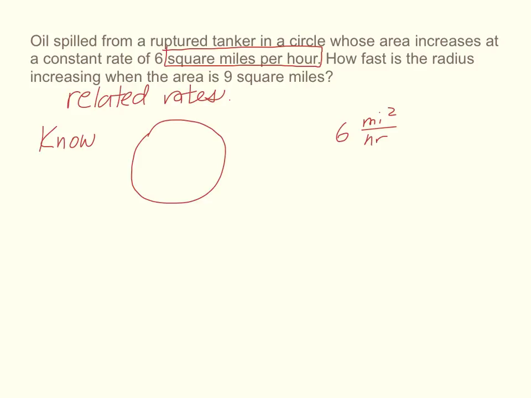And that we're trying to find how fast the radius is increasing when the area is 9 square miles. For us to represent this value here, 6 square miles per hour, that is a rate of the area with respect to time. So we will call this value dA, how the area is changing, over dt, how the time is changing.